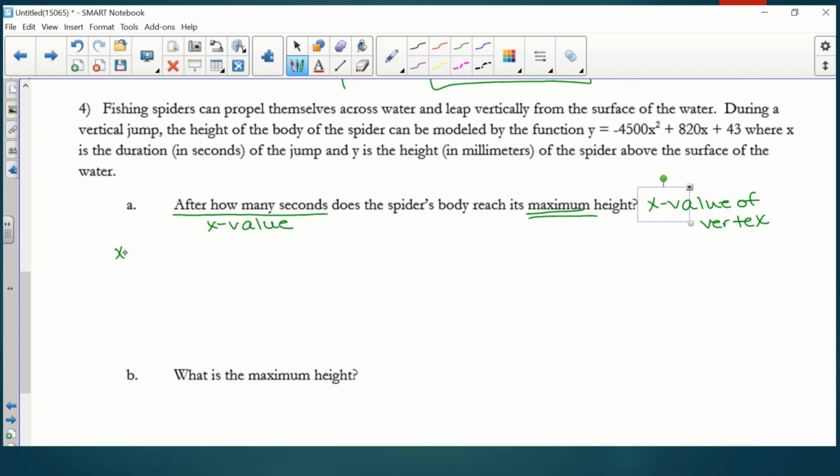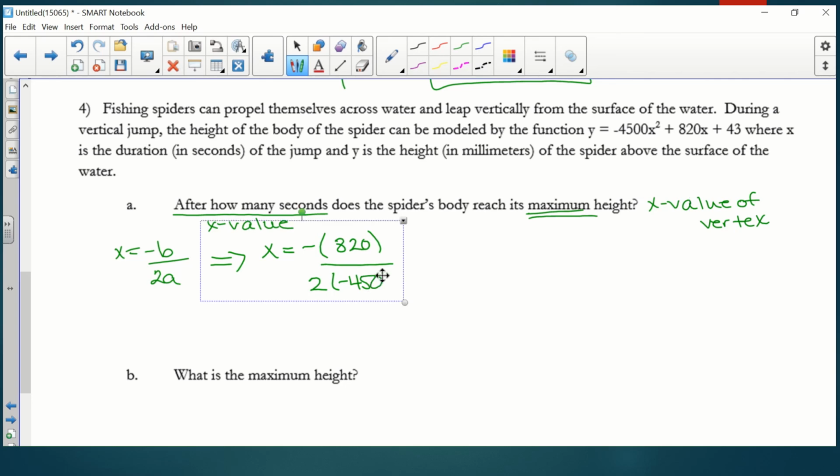We're going to use the axis of symmetry formula. Okay, so plugging in, I get x equals negative my b value, which is 820, over 2 times a, which is negative 4,500. I don't know why these boxes keep showing up. Sorry about that.